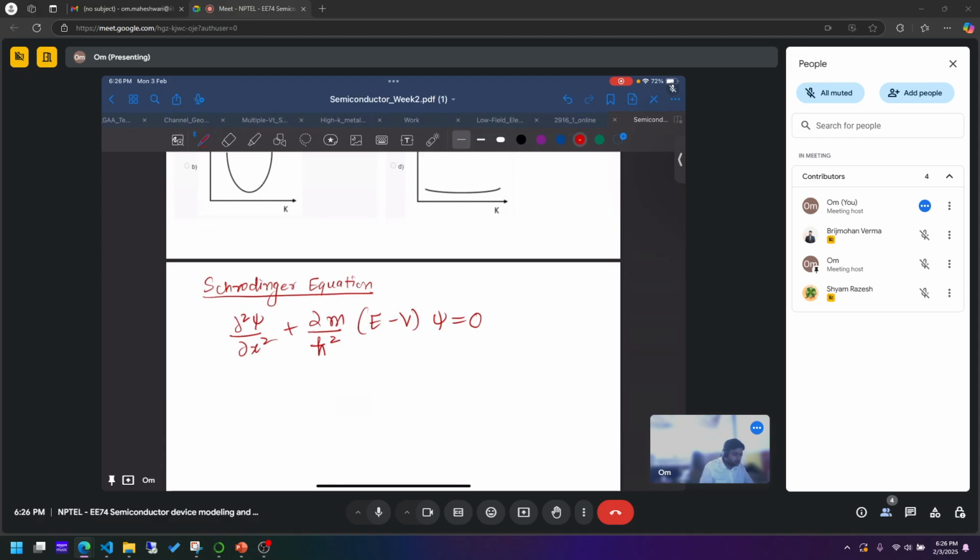So this is a simple one-dimensional Schrodinger equation.